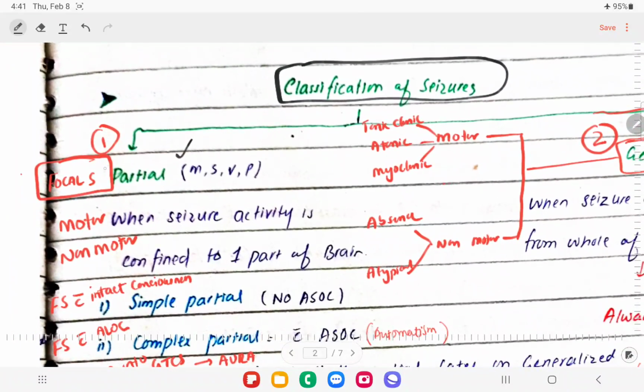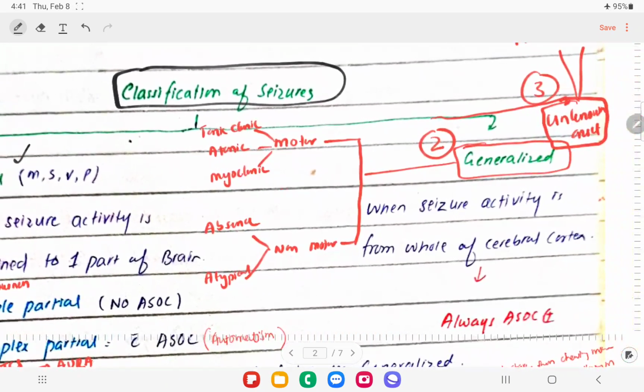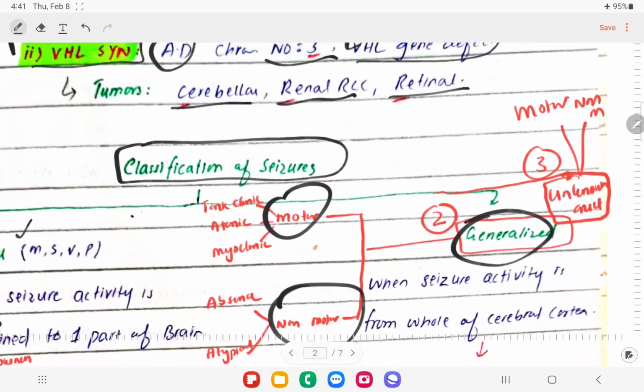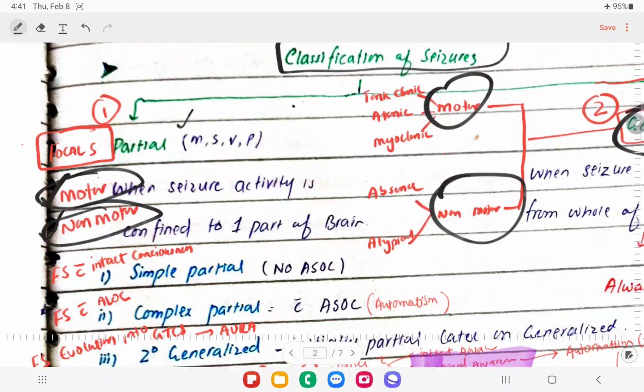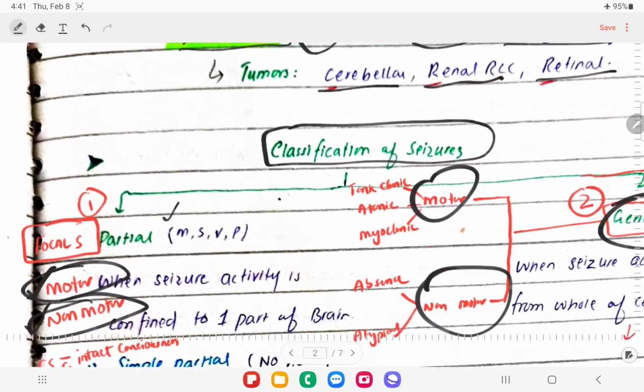And unknown is also divided into motor and non-motor type. So this slide is taken from the Davidson 24th edition, right?